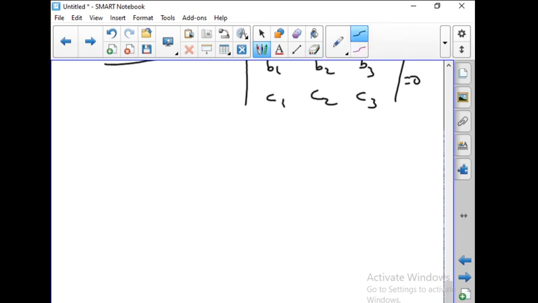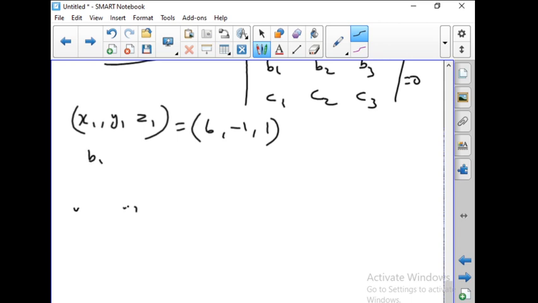If you write one more step, it will be very good. So write down what the points are. What about x1, y1, z1? It is equal to 6, minus 1, 1. And b1, b2, b3 is minus 1, 2, 1.